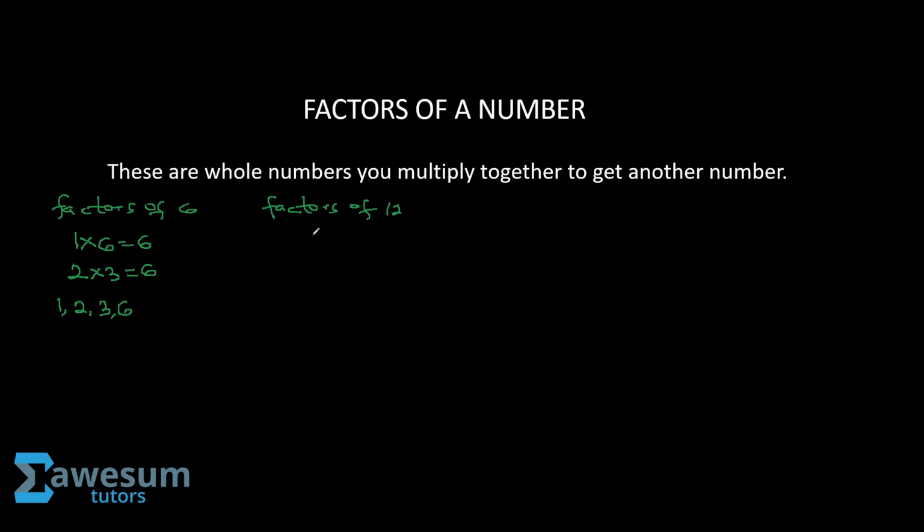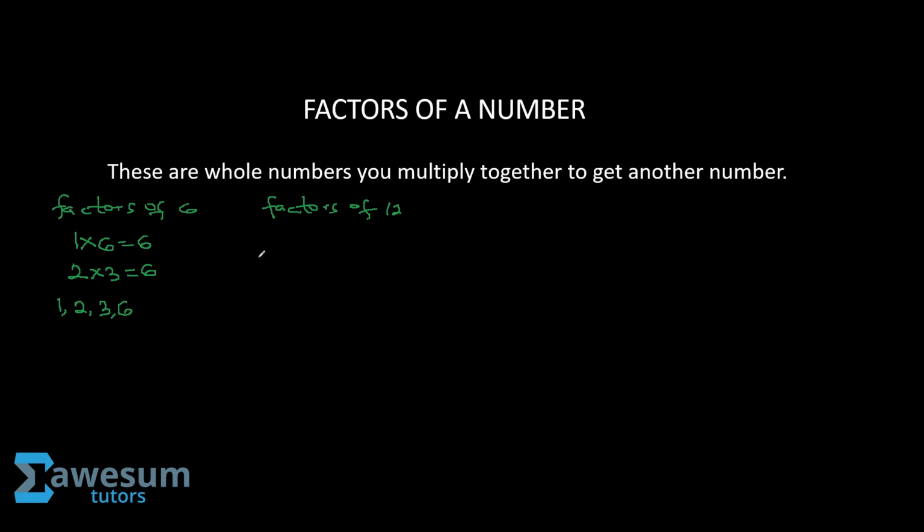So now I'm looking at factors of 12. That means I need two numbers that when I multiply them together give me 12. And this is when your knowledge of your multiplication tables comes in handy. So I encourage you to learn your multiplication tables very well.